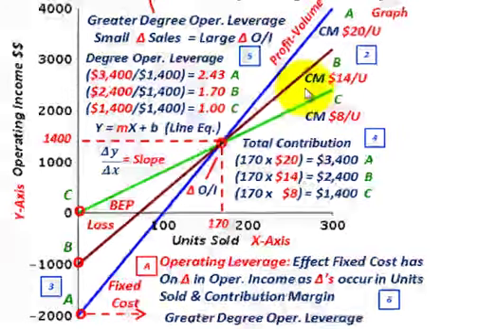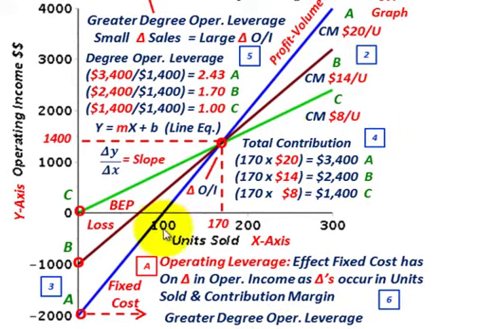So first, for our three different alternatives, I've laid them out in our cost volume profit graph, and I've shown each of them in different colors. These are profit lines. For the first alternative, alternative A, we're going to have a contribution margin of $20 per unit.